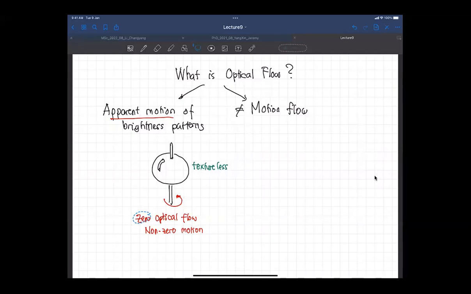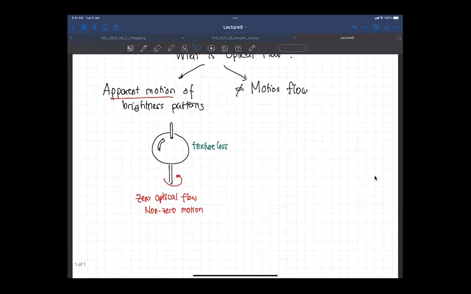Any questions on the difference between optical flow and motion flow? All right, so that is the first difference between motion flow and optical flow. Another difference is in this particular example. Assume that you have a ball, and you take a picture of one image, and the light is from here.